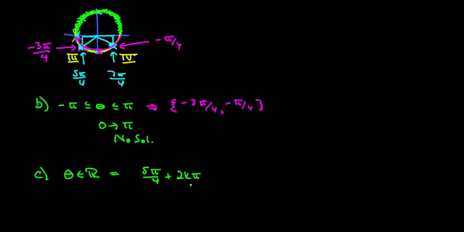So 5 pi over 4 is where we start, and then we start wrapping around the circle. And every wrap around gives us a new solution. And the other one is 7 pi over 4. Okay, so there they all are.